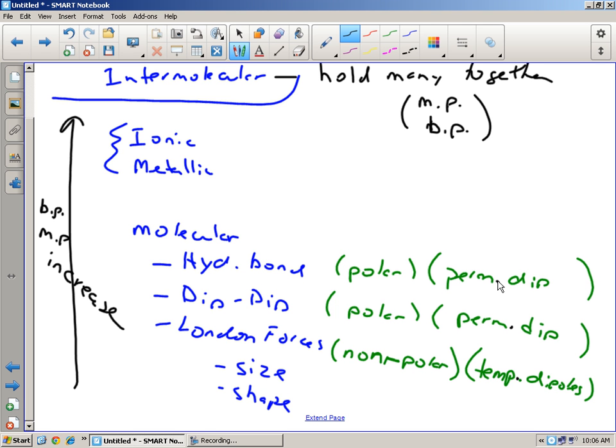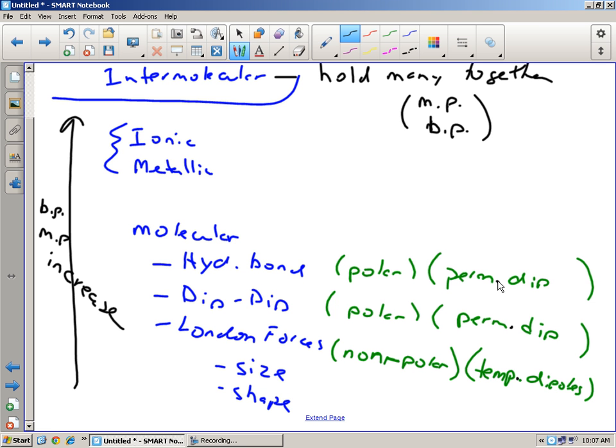The stronger they are stuck together, the more energy you need to break them apart. How do you give them energy? Well, you heat them up usually. So the ones that are stuck together very well tend to be solid forms, the ones in the middle are liquid forms, and the ones at the bottom are gas forms.